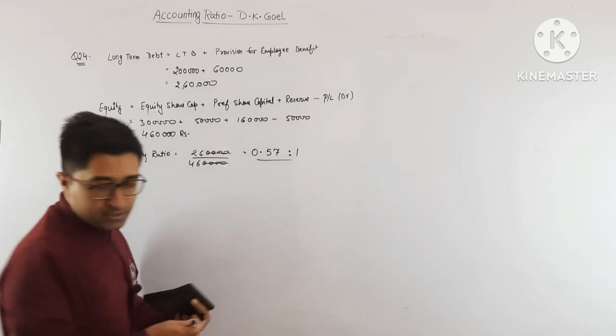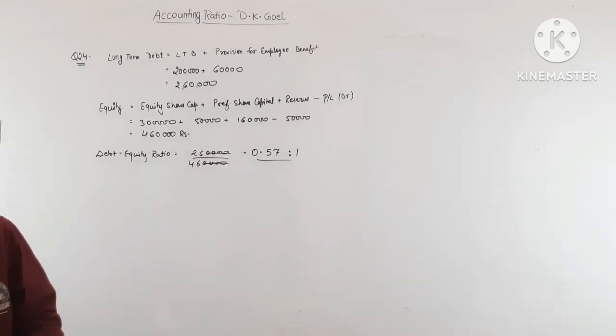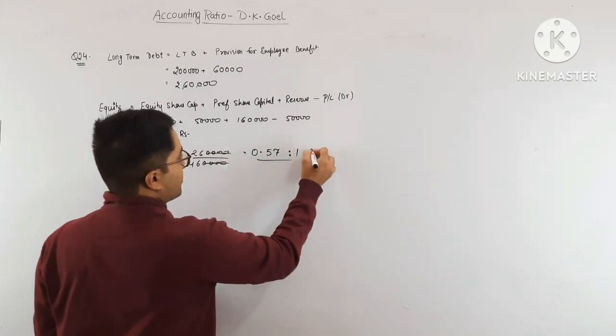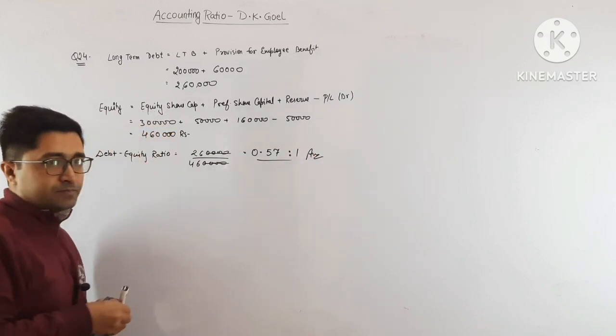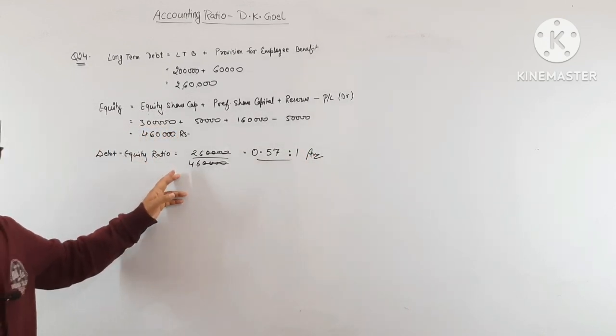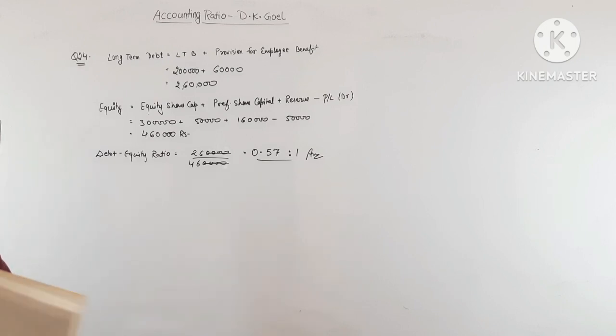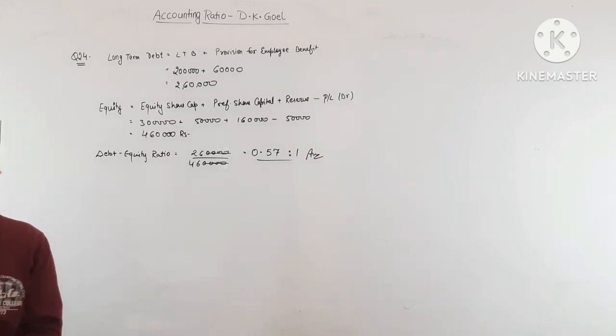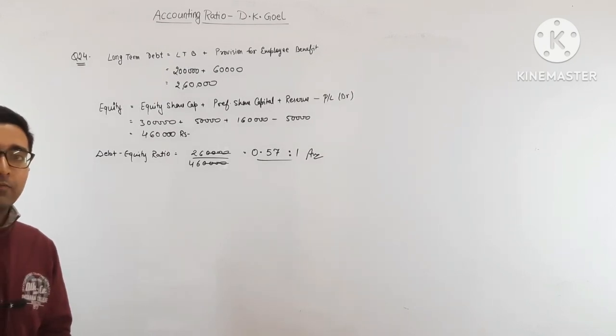Okay, let's see the answer: 0.57:1 is your answer. Is it clear? So your question number 24 is completed, and in the next video we will solve question number 25. Clear?